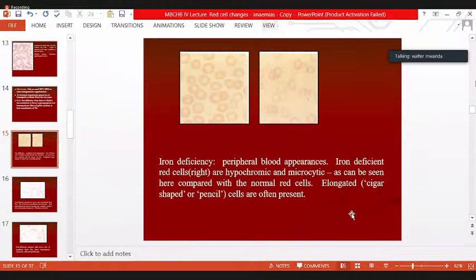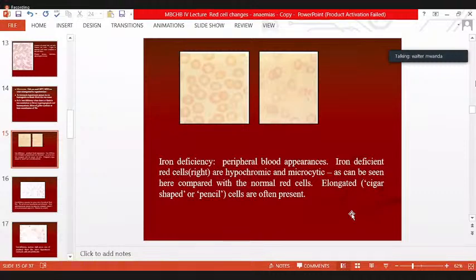There may be attendant other shapes as well. These usually are a consequence of the cause of the microcytosis, of the complications, of the degree and severity of microcytosis.